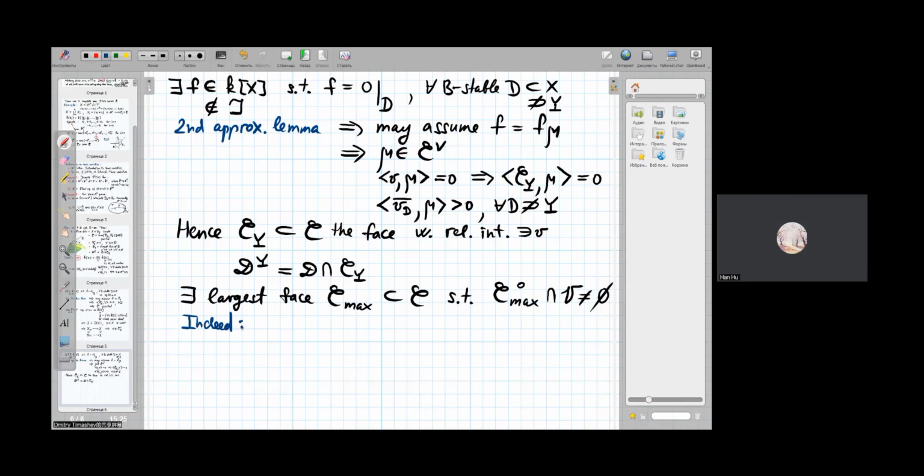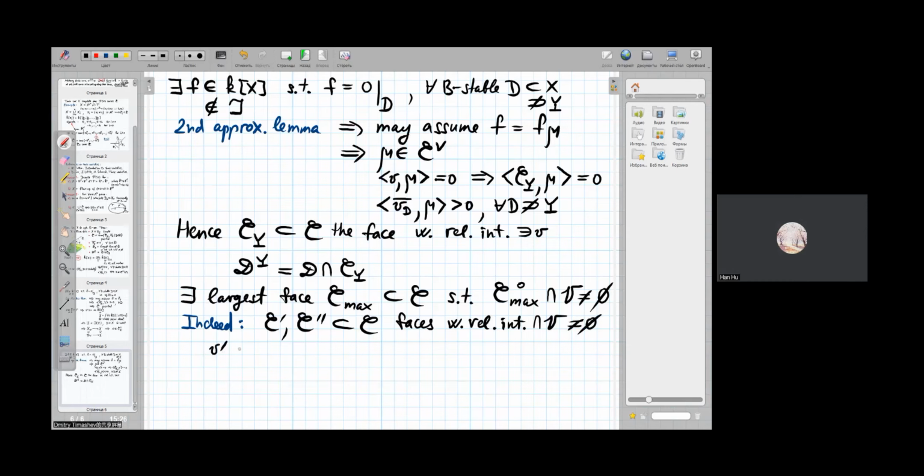If you have two faces with this property, say C prime, C double prime, faces with relative interiors intersecting the valuation column, then we may choose vectors in this intersection.